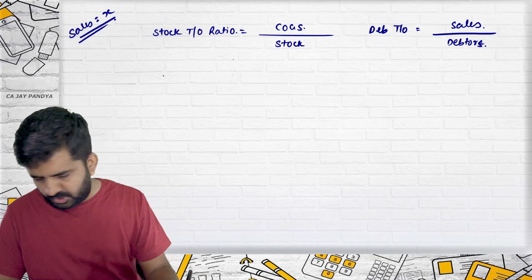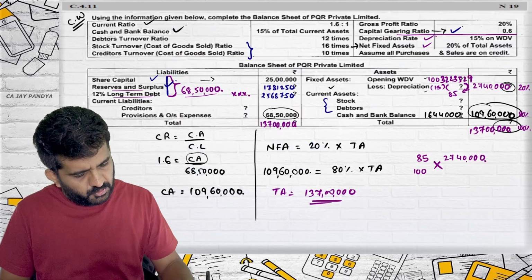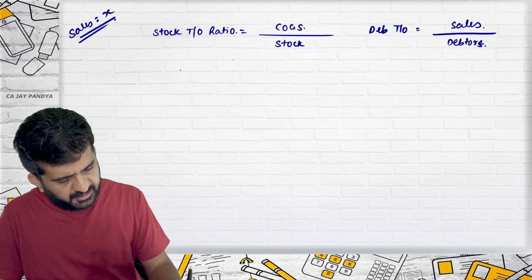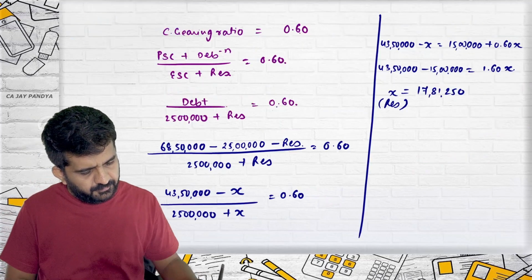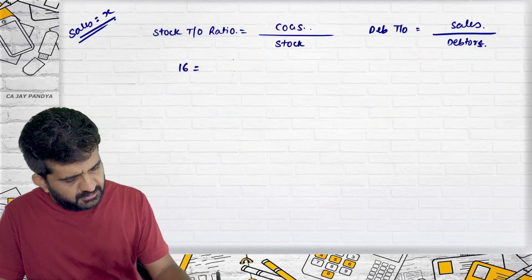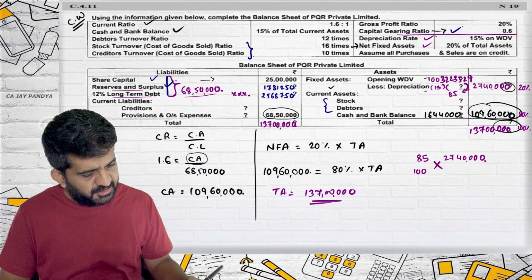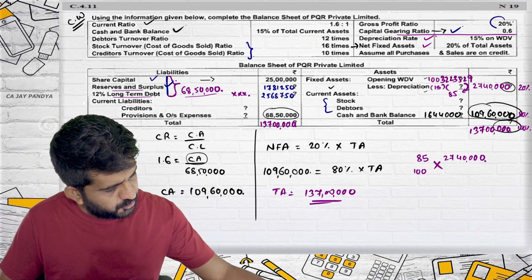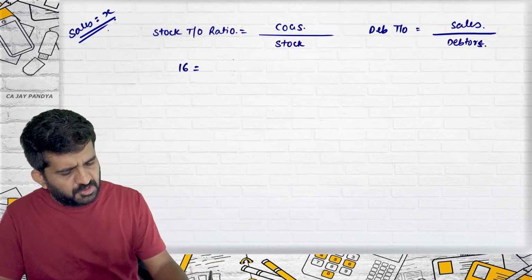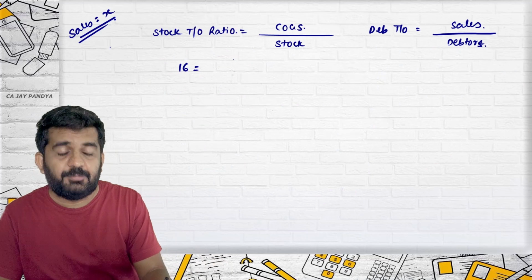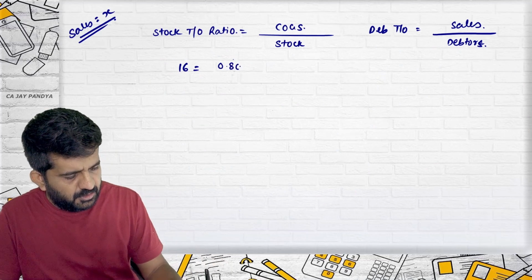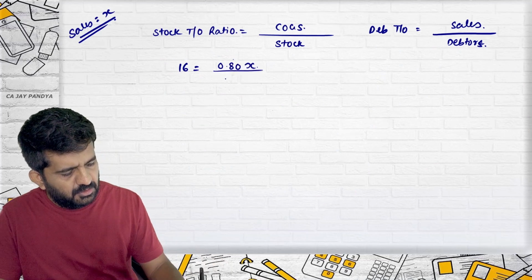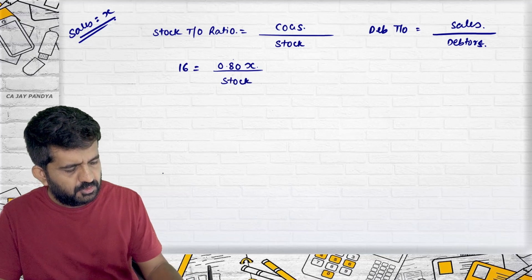So what is stock turnover ratio given? Stock turnover ratio given is 16 times. COGS will be, what is GP ratio? GP ratio is 20%. So can I write down COGS is 80% of sales? 0.80X upon stock is 16.